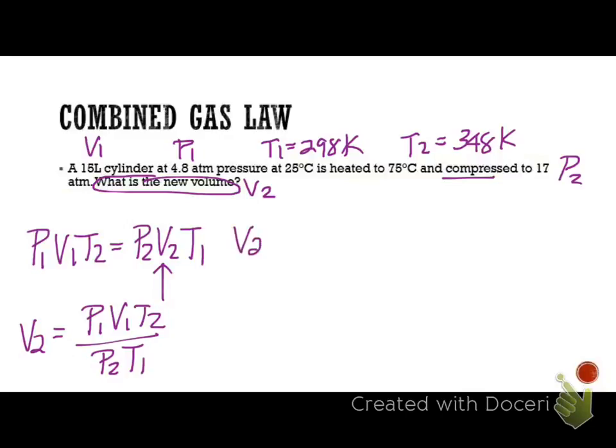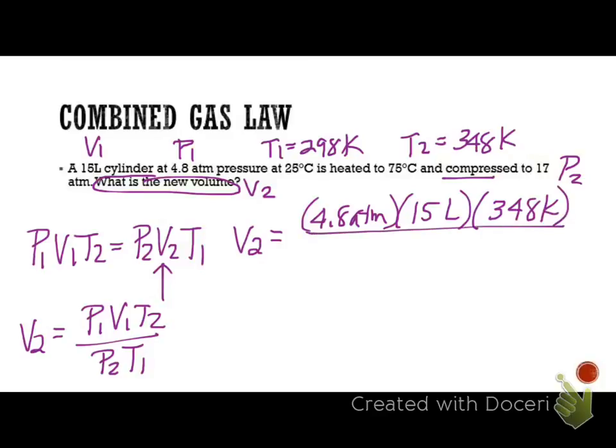So solving for V2, we get P1 is 4.8 atmosphere times 15 liters times T2 here, which is 348 K, and we're going to divide that by our P2, which was 17 atmosphere, and T1, which was 298 K.